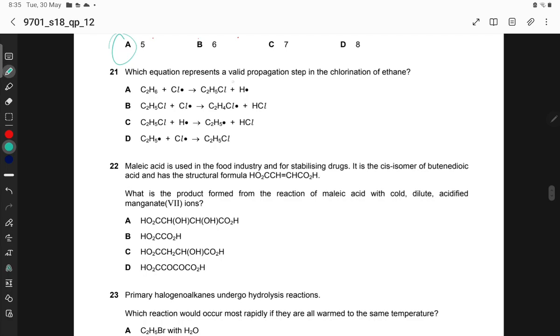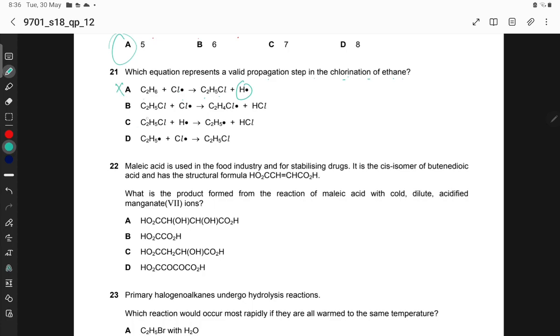Which equation represents a valid propagation step in the chlorination of ethane? C2H6 plus Cl. So hydrogen is not produced in the propagation reaction. C2H6 gives C2H5 and HCl. Hydrogen is not produced in the propagation step.